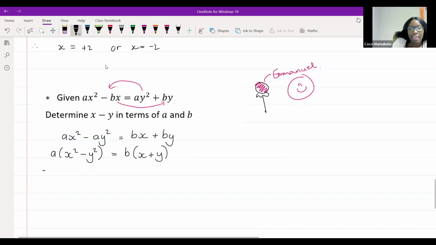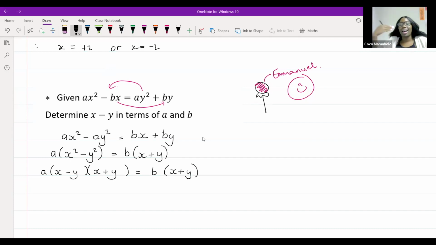So we're going to get A, and then we're going to open 2 brackets. And then we're going to get X minus Y and X plus Y. And that is going to equal B multiplied by X plus Y. Now I notice both sides have X plus Y. So I'm going to divide this side by X plus Y, and I'm going to divide that side by X plus Y. Cancel, cancel.